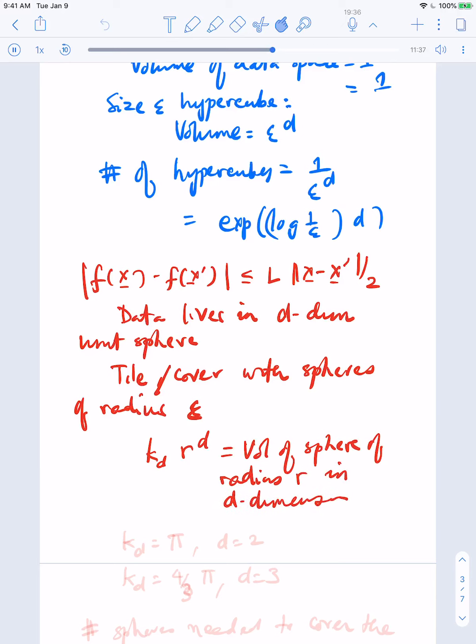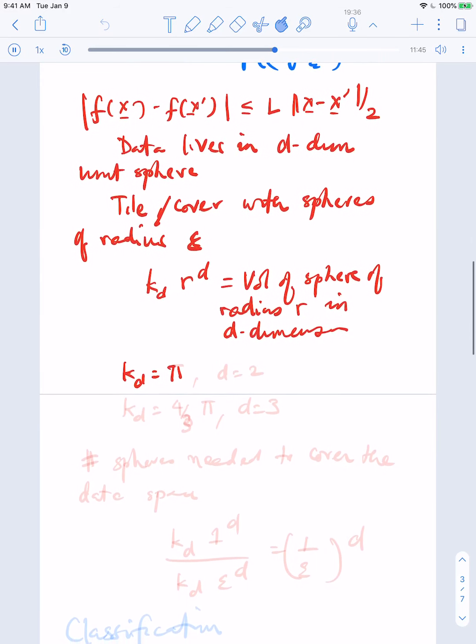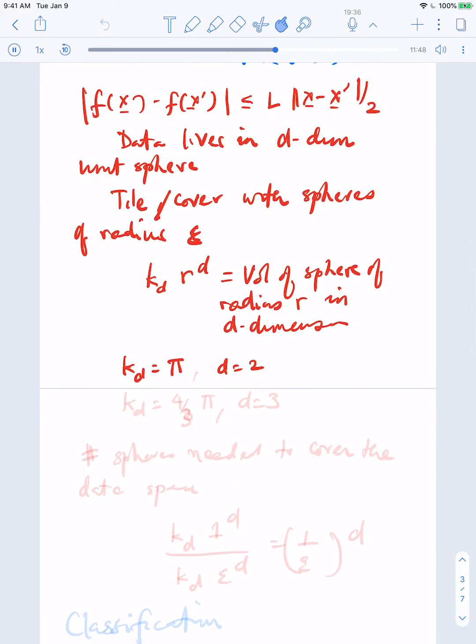So what is k sub d? For d equals 2, it's pi r squared, so k sub d is pi. For d equals 3, it's 4 over 3 pi. But basically, it is some constant that depends on d.